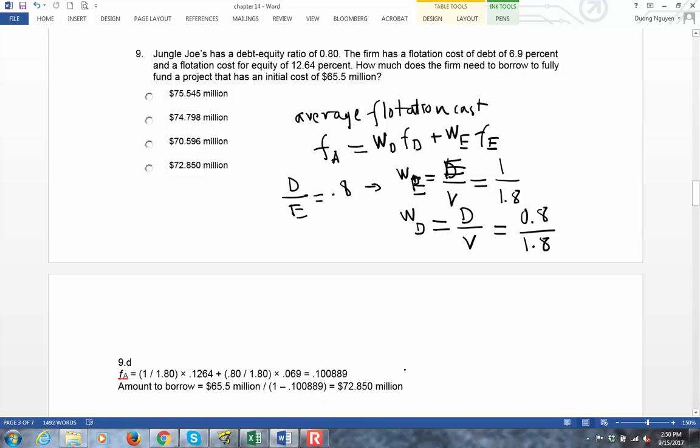So the amount you need to borrow would be equal to the initial cost, which is 65.5 million over 1 minus the flotation cost. We calculate that over here, and the answer is $72.85 million.